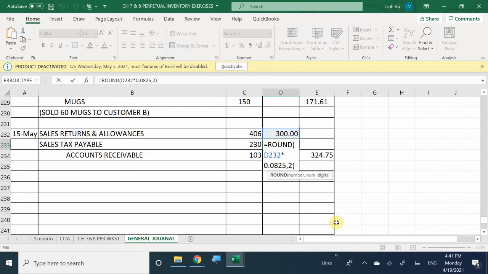So it's equal round, parentheses. Your parentheses should automatically be there once you... 0825, comma 2. Enter. That works.